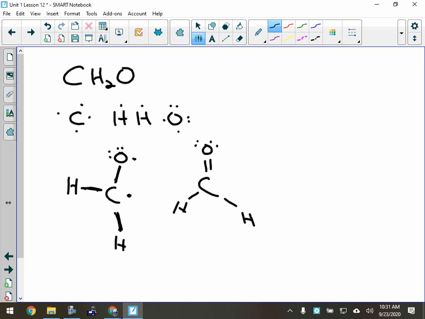Think back to our last example, CO2. Looks the same on both sides, yes? So do you think that this is going to be the same all the way around? In other words, if we looked at bond angles here, do you think this bond angle and this bond angle and this bond angle are all going to be the same? What do you think, if you had to guess?